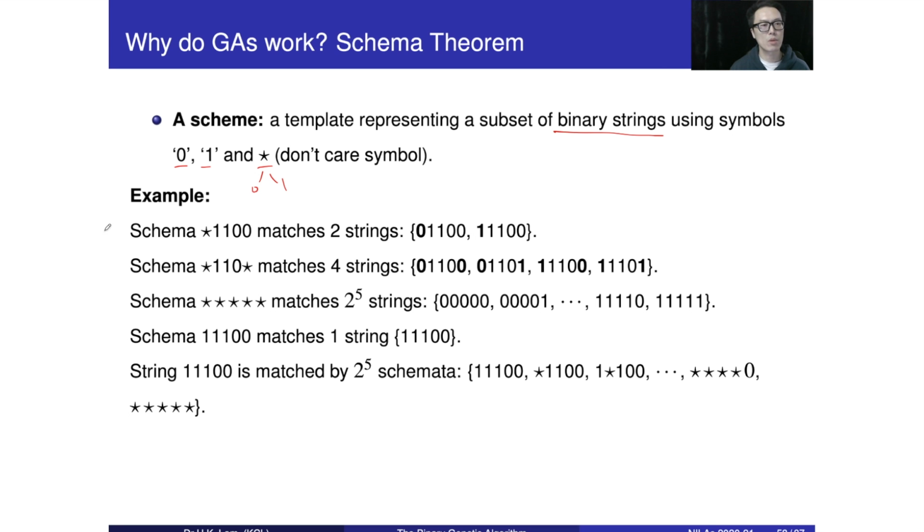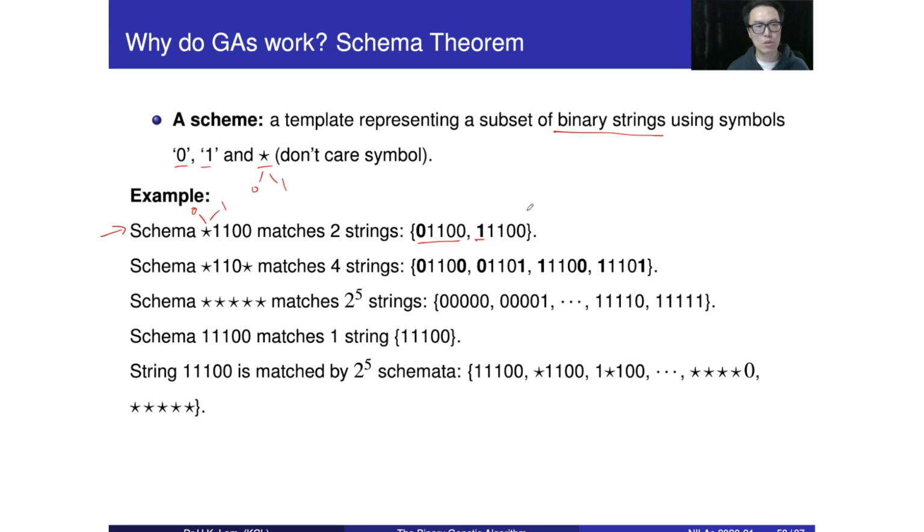For example, the schema star 1100 matches 2 strings, because the star can be 0 or 1. So we have these two possibilities. When the star takes the value of 0, we have 0, 1, 1, 0, 0, that is the first binary string. For the next one, we replace the first bit star by 1, and all the rest are the same.